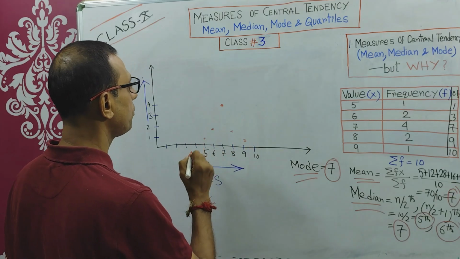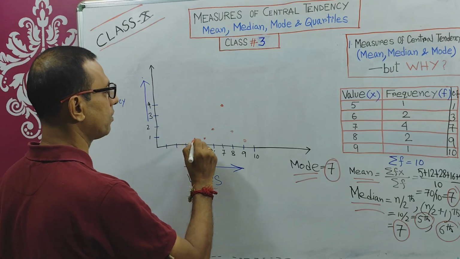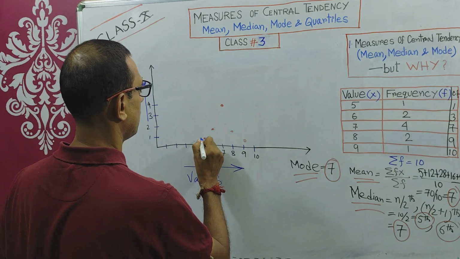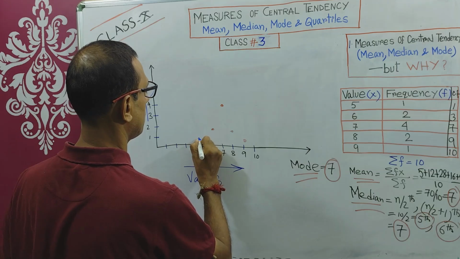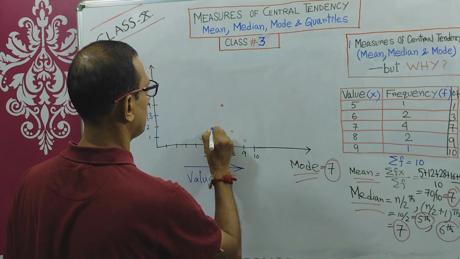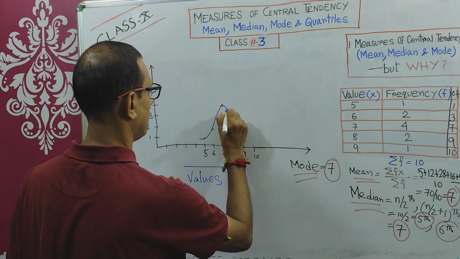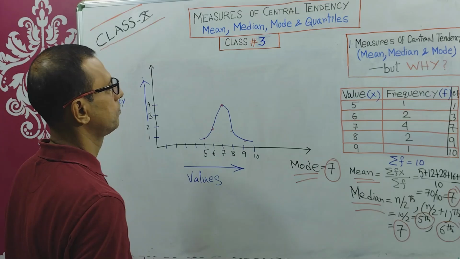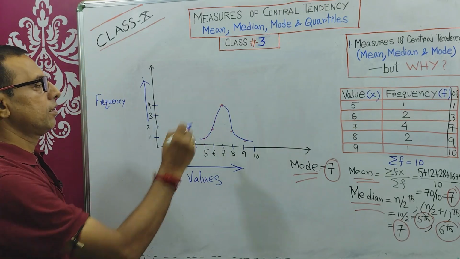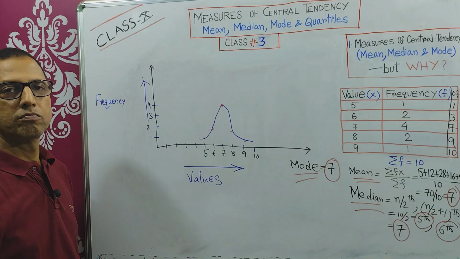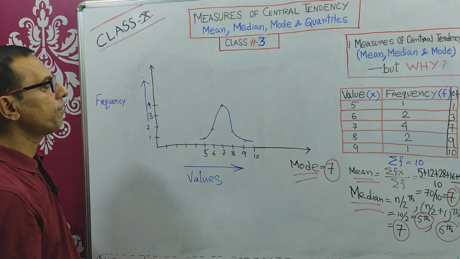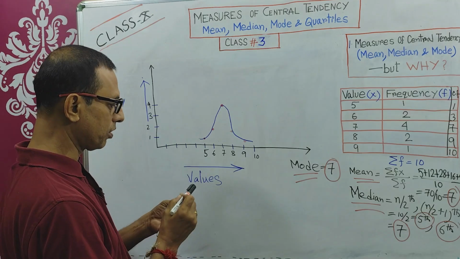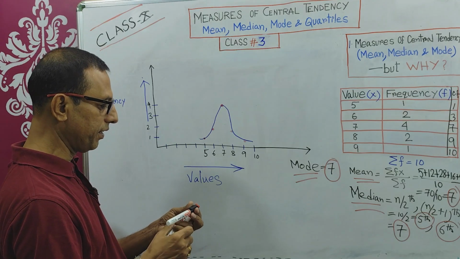So now if you draw this curve, it looks like this. That is how it looks. If the curve looks like this, how can you point out the mean, mode and median here?